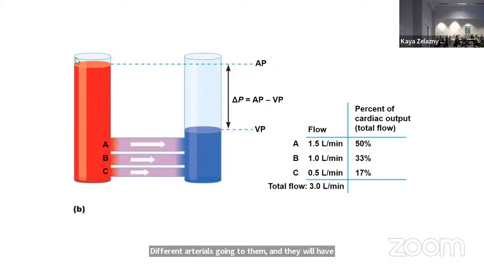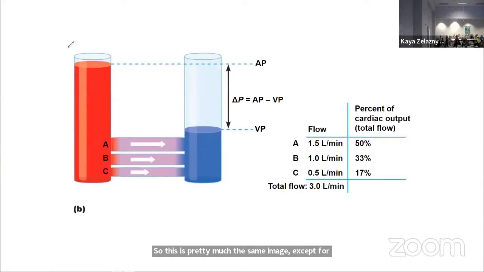Okay. So this is pretty much the same image, except they've gone back to using these tubes of fluid instead of showing us an actual heart in a vein. So we're going to think about our pressures in this column versus our pressures in this other column. Our difference in pressure, we're going to call the red our arterial pressure, so that's going to be AP.